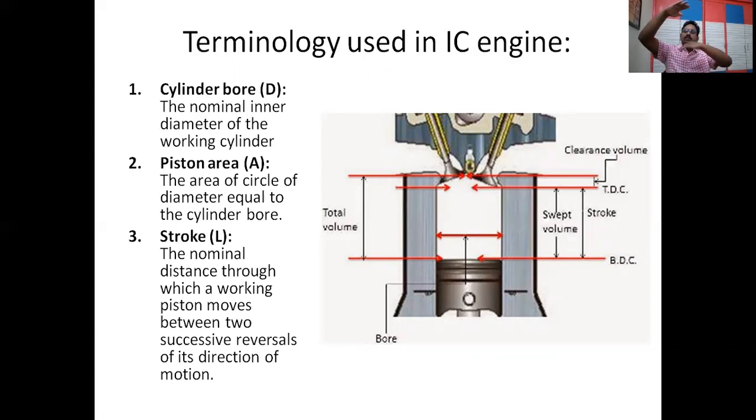So where it is going to reverse, the distance between these two positions is called stroke. The topmost position is called top dead center, and the bottommost position is called bottom dead center. So the linear distance between top dead center and bottom dead center, or bottom dead center to top dead center, is called stroke length. The movement from one dead center to the other dead center is called a stroke, and the length of the stroke is indicated with L.